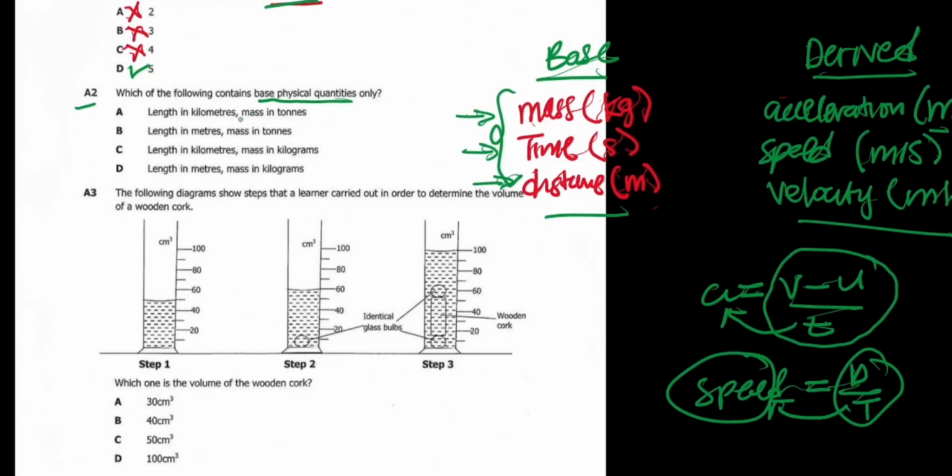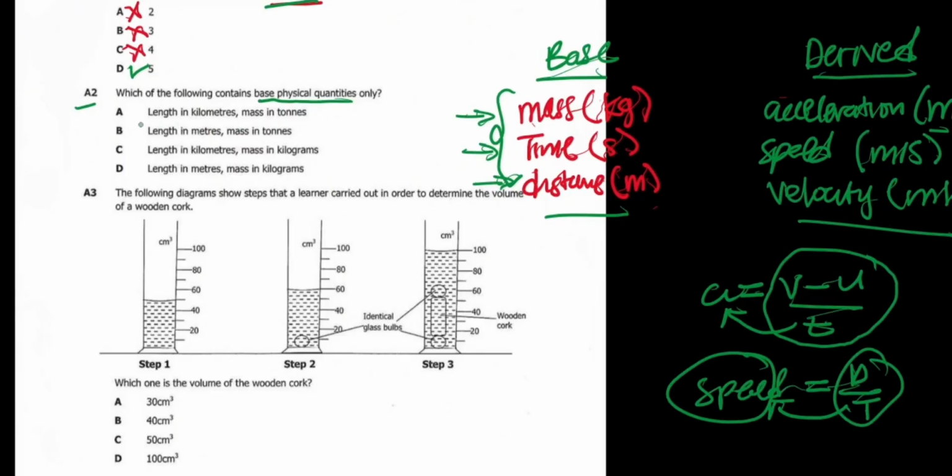Now, which of the following contains base physical quantities only? This question is dealing with the base physical quantities, but it is also trying to show the standard units for these base quantities. So the only two base quantities we have here are length and mass.